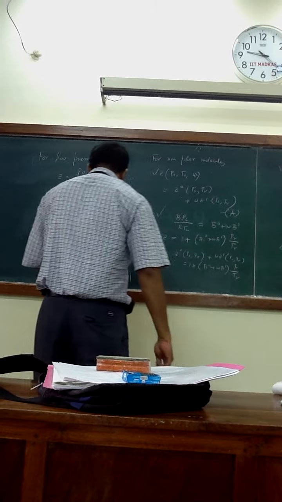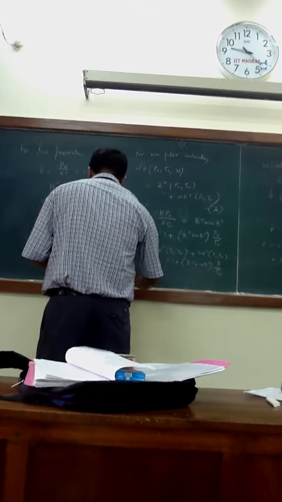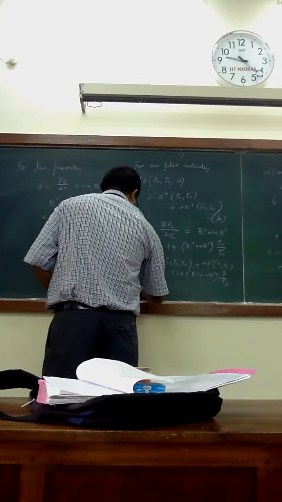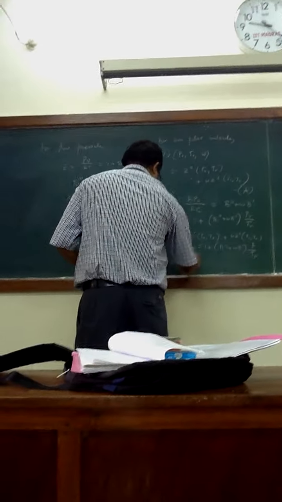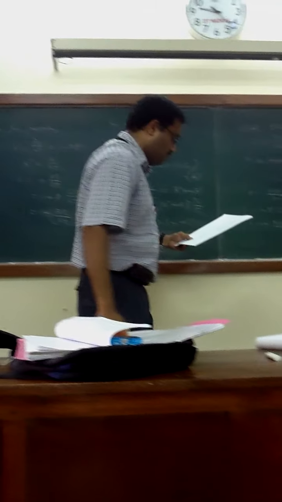So what are the values of Z0 and Z1? What are the expressions for Z0 and Z1?